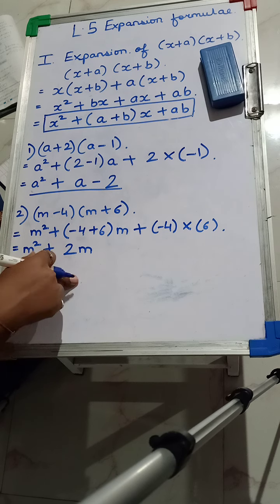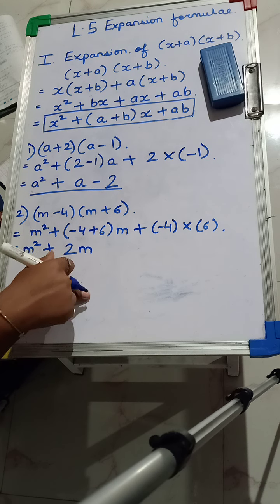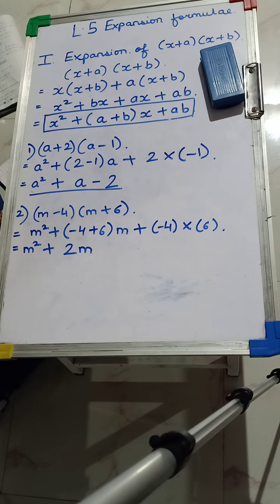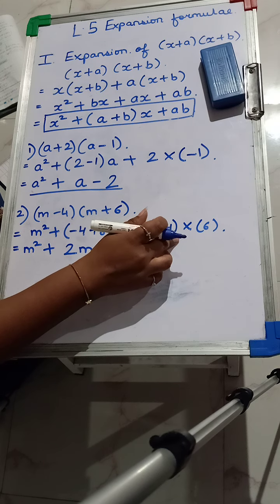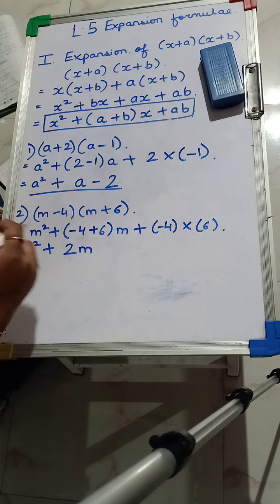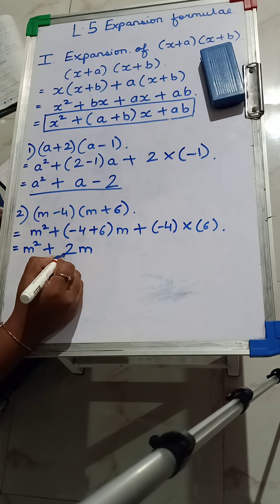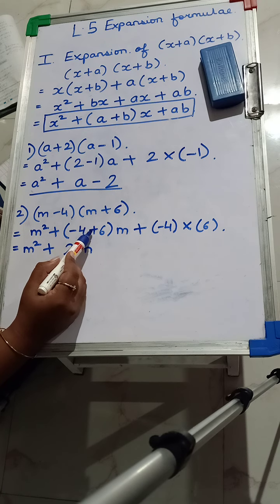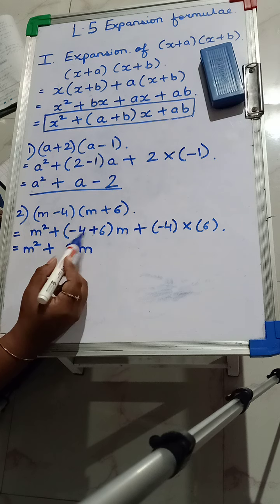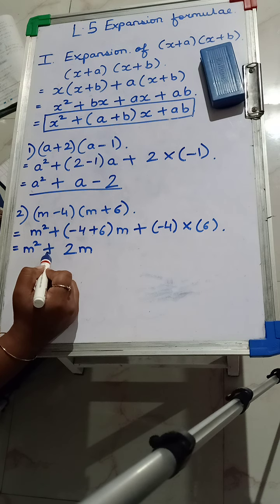But in multiplication and division, we go according to the rule that minus minus is plus, plus plus is plus, minus plus is minus, plus minus is minus. So according to that rule, we go in multiplication and division. But in addition and subtraction, we always take the greater number. So here the greater number is 6. So 6 has plus sign, so here also the sign will be plus. So that will be m square plus 2m.